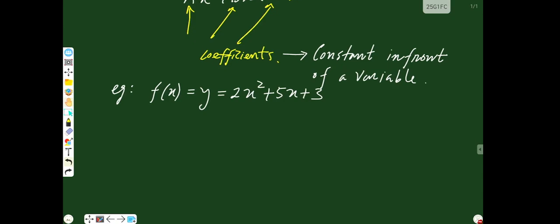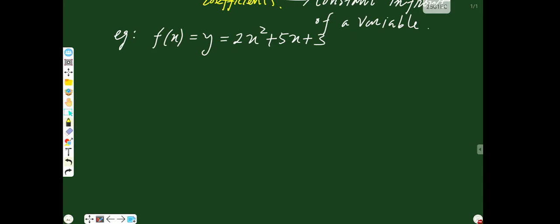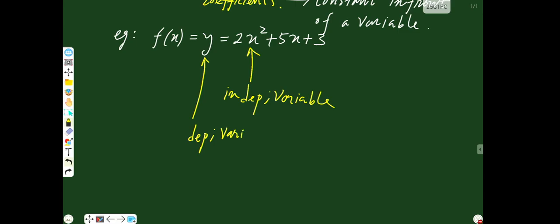While we are dealing with these things, we will understand that this x is called the independent variable, sorry, other way around. This y is called the dependent variable. So f(x) and y are the same; it's another way of writing y.